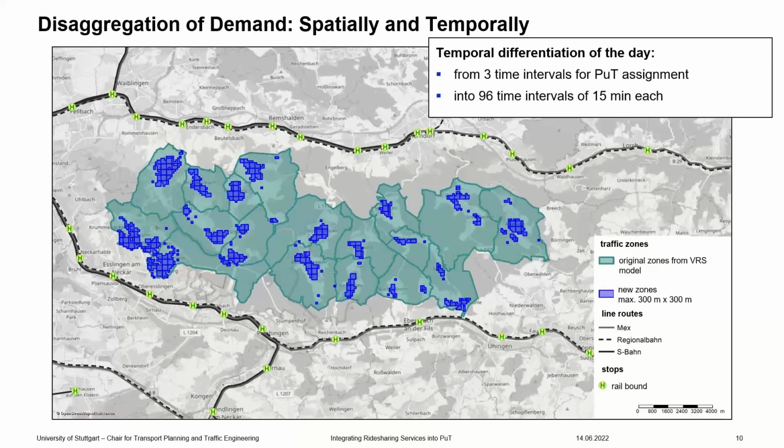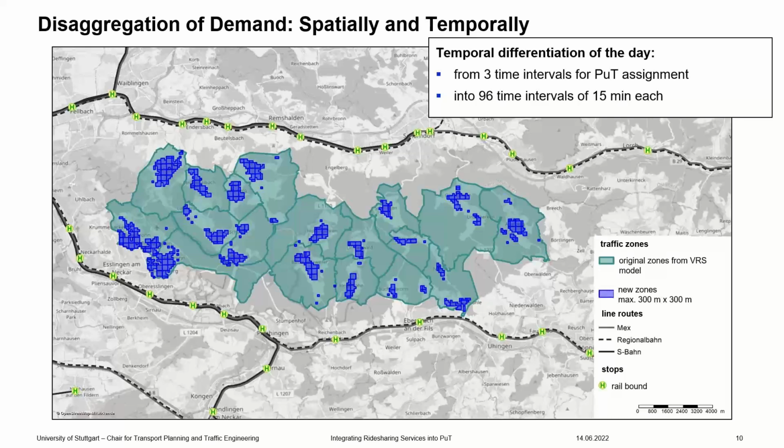But at first, I promised you that we disaggregated our demand structure in the study area to be able to model ride-sharing detours in more detail, and that we did spatially and temporally.